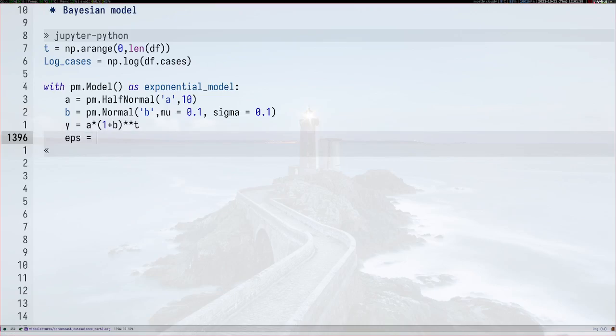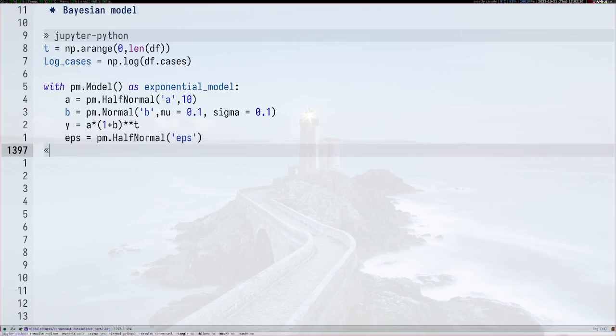Then of course we need to formulate a noise term, so let's say this is half normal, EPS, 1. And the thing that we're modeling is log cases, and we're going to assume that this is log normally distributed. I'll come back to that in a second.